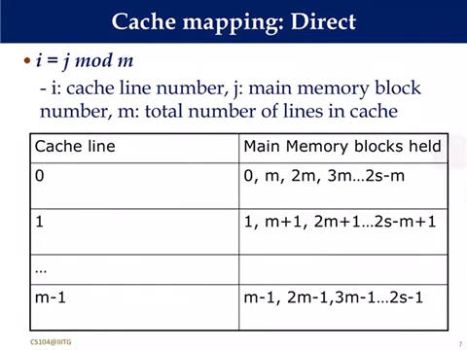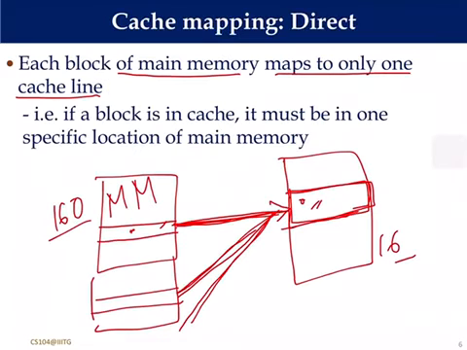If we consider this simple mechanism, the cache line number is found by taking a mod with the total number of cache lines. In the last example, you have 16 cache lines, so you take a mod with 16.